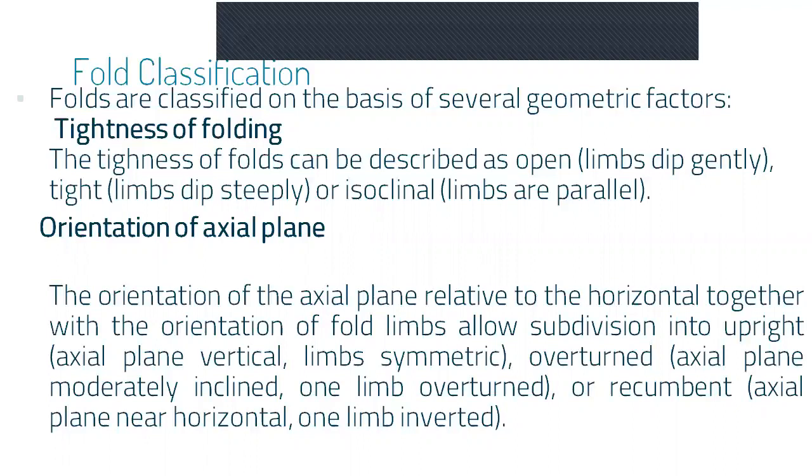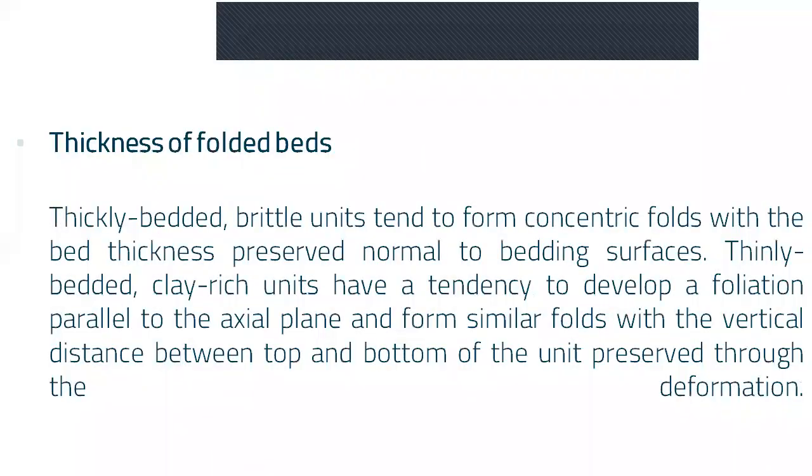This, related to the horizontal together with the orientation of the fold limbs, allows subdivisions into upright, overturned, and recumbent folds. And the last one, the thickness of folded beds.